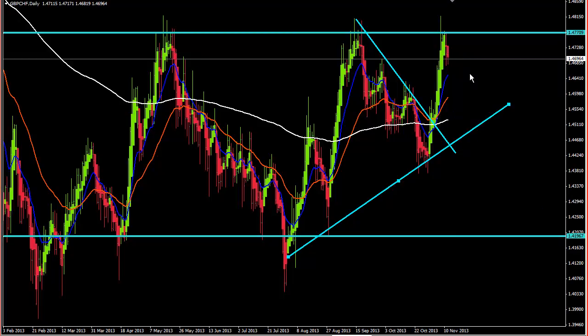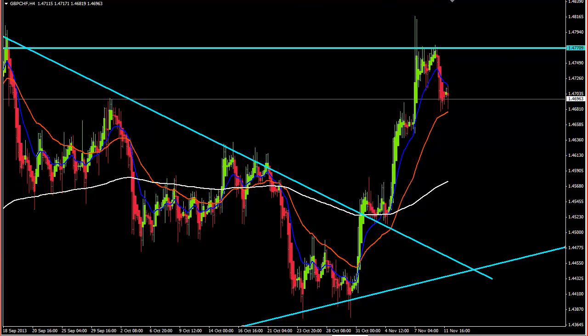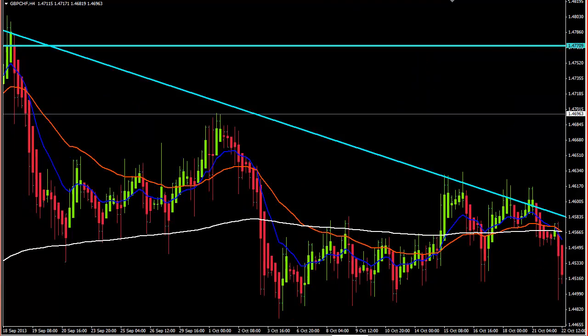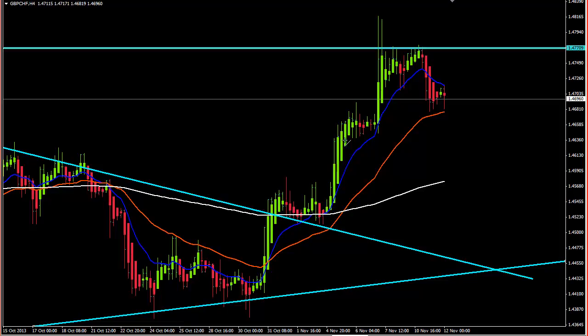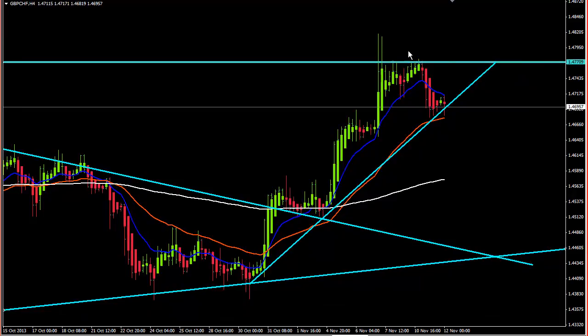A 123 GBP CHF. Yeah, you mean on what time frame? You mean the 4 hourly probably. No, we have a 123, but that's, you see, that's the trap. You have a bounce of major resistance, and the 4 hourly chart is giving you a big 1, 2, 3 setup.